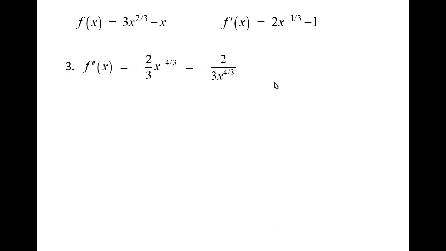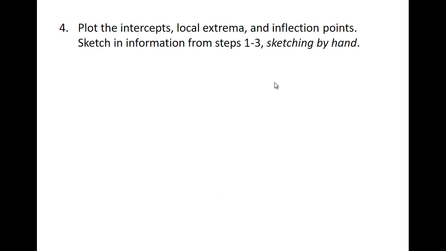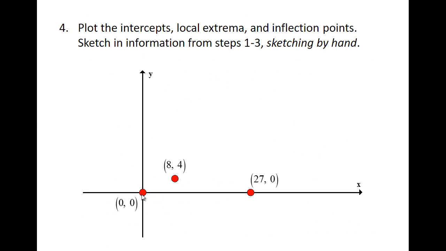So up to this point the function is decreasing. After this point the function is increasing up to 8, and then after 8 it is decreasing again. So it's going to go through here and come down, right?